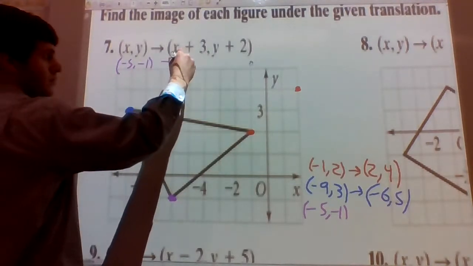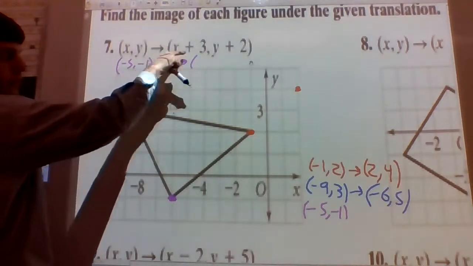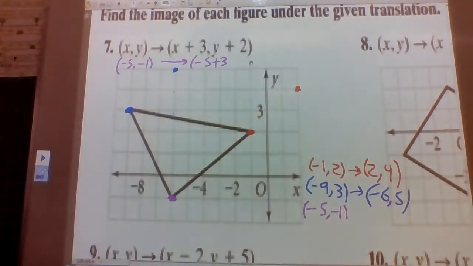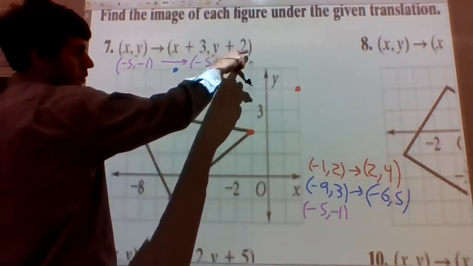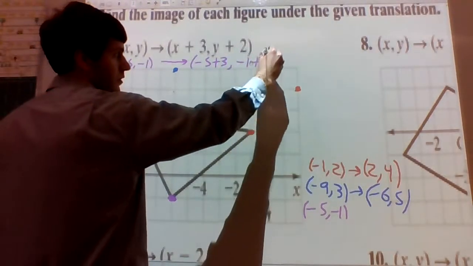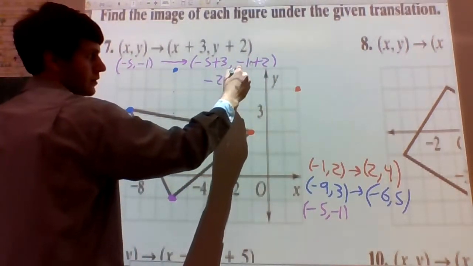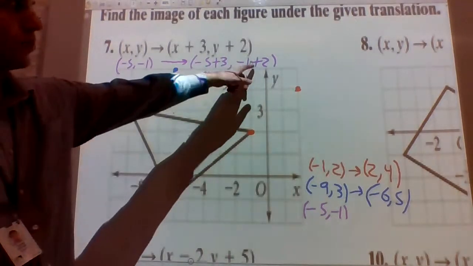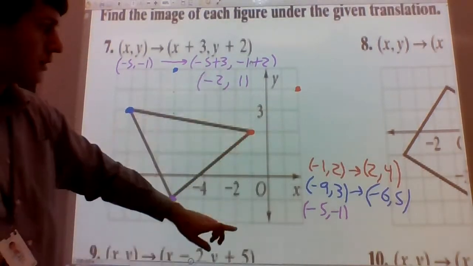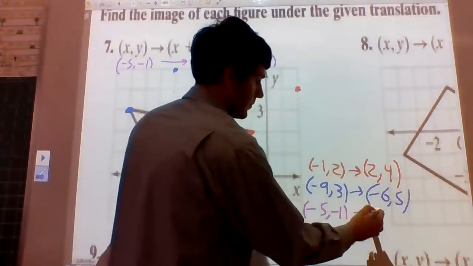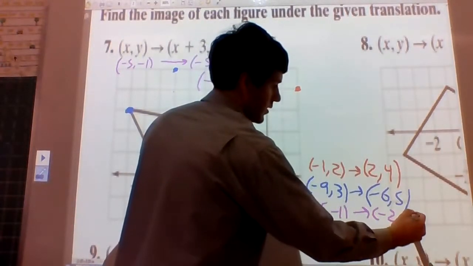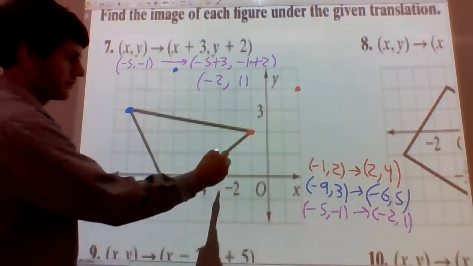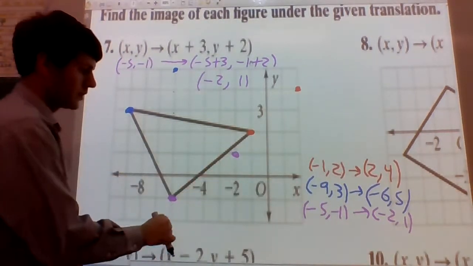Okay, so that's going to go to -5 plus 3, -1 plus 2, which is going to give us -2 and 1. -5 plus 3 is -2. -1 plus 2 is 1. So that is -2, 1, which is right here.